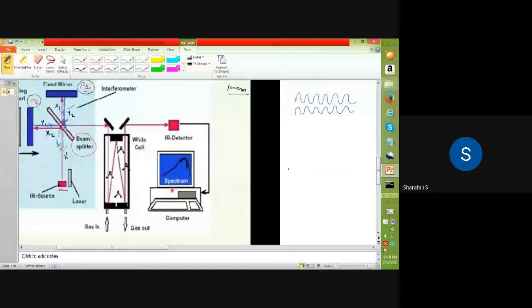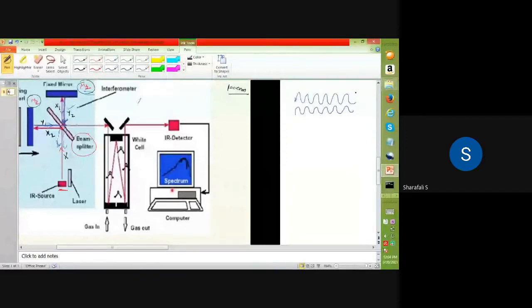So basically, when the M1 and M2 mirrors are at a constant distance, the same from the beam splitter, and we are using single wavelength IR radiation, those radiations which are coming back after reflection, that is Y1 and Y2, will be in phase.